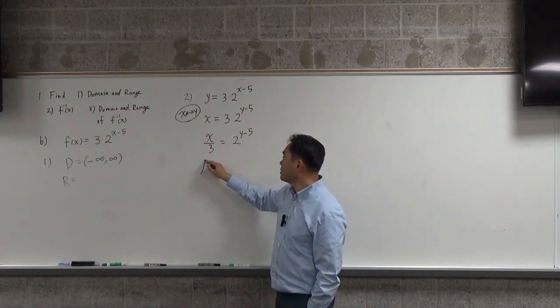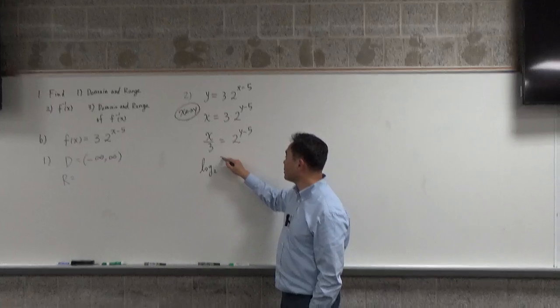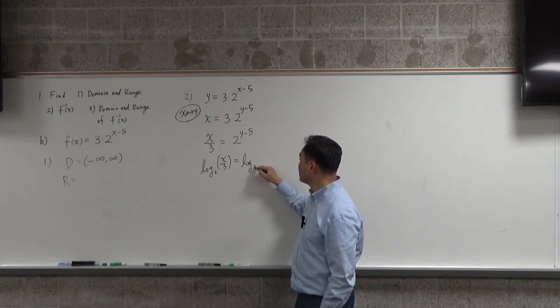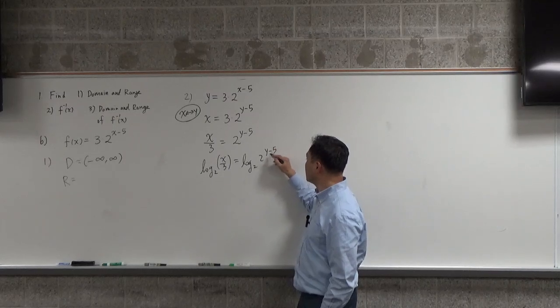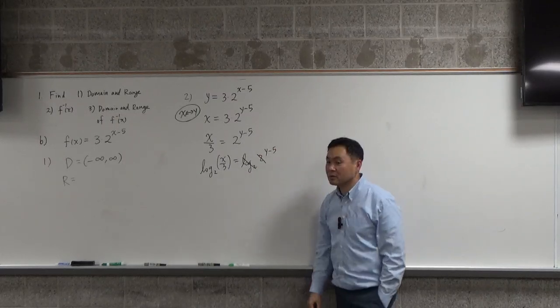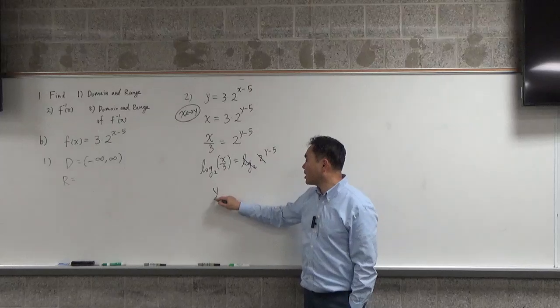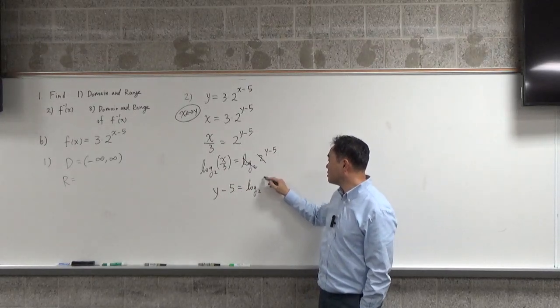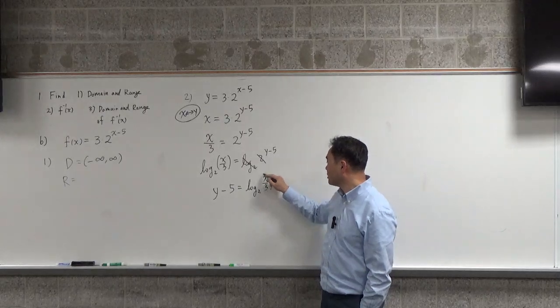And then take log base 2 of x over 3. Okay. So that y minus 5 is equal to log base 2 of x over 3.